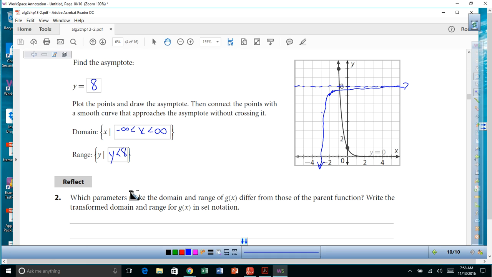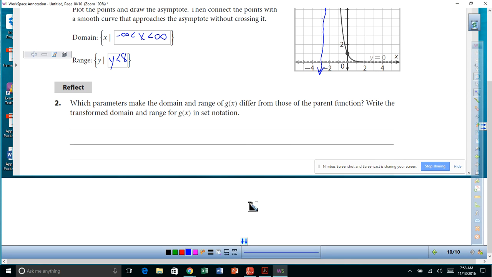Which parameters make the domain and range of g of x differ from those points of the parent function? Write the transformed domain and range for g of x in set notation.